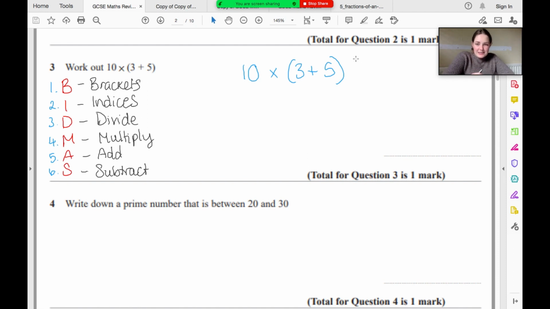Now indices, there are no indices in this question. Just wanted to explain that a little bit. Indices are anything that might be squared, so a little 2, or anything that might be cubed, so you can have cubed, you can have something to the power of 4, you can have something to the power of 7, okay? That's indices, they're all indices. Another indices would also be a square root, or even a cube root, okay?